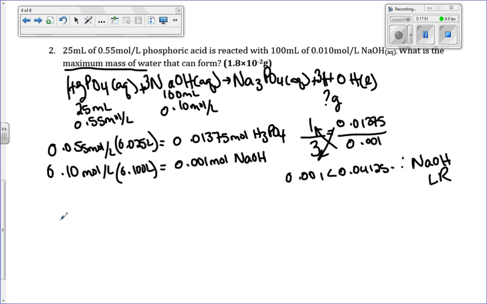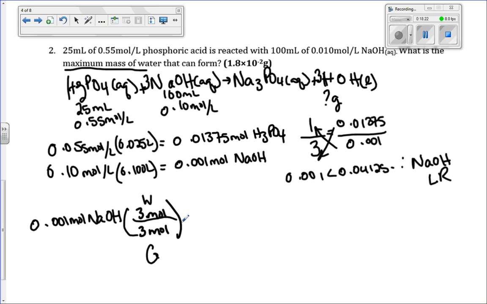Now that we have the number of moles and we know which one is the limiting reagent, we can go ahead with the rest of the steps that typically follow stoichiometry. So we're going to look at 0.001 moles sodium hydroxide, and we're going to look at our ratio between our given and our want. Our given is 3 moles, and our want is also 3 moles, with a value of 0.01 moles of water.